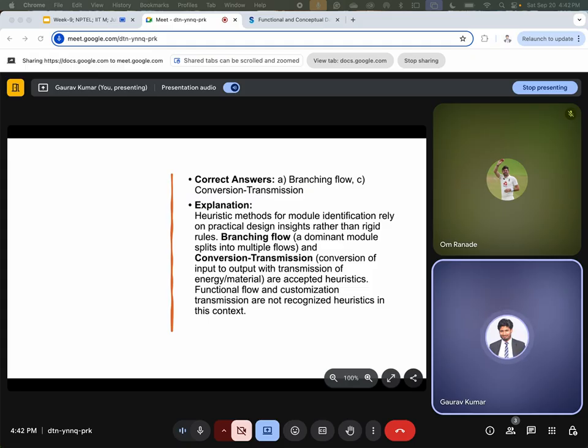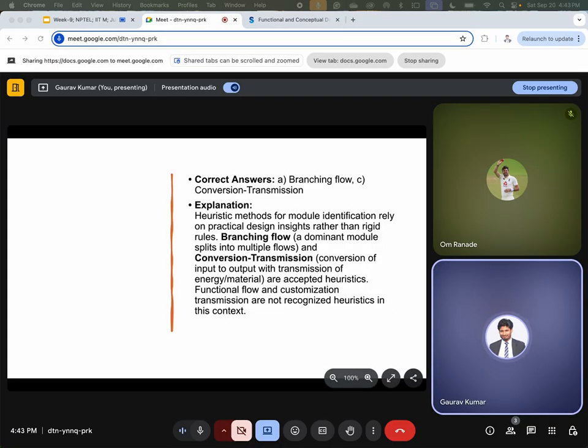They provide design guidance based on functional flow patterns rather than strict formulas. Two widely recognized heuristics are branching flow and convergent transmission. Branching flow occurs when a dominant flow divides into several subflows, such as power from a battery being distributed to different circuits in a device.